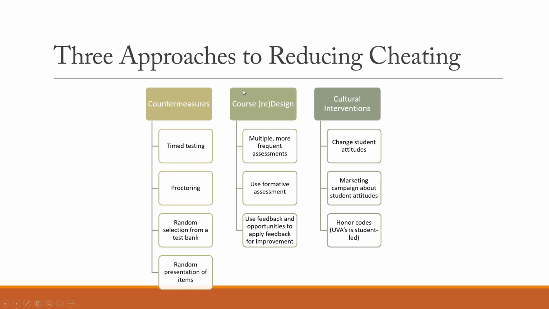We really see a lot more effect from the other strategies, of course redesign and cultural interventions. So common countermeasures include timed testing, using proctoring, random selection from a test bank, or random presentation of items. That can help to some extent.